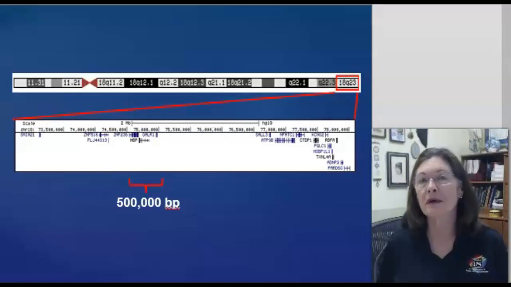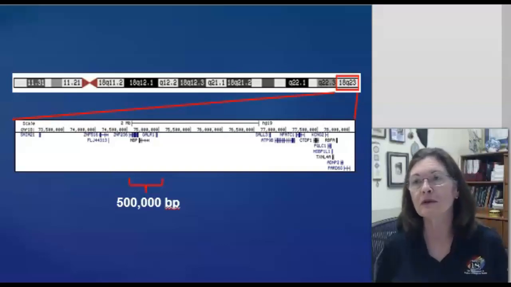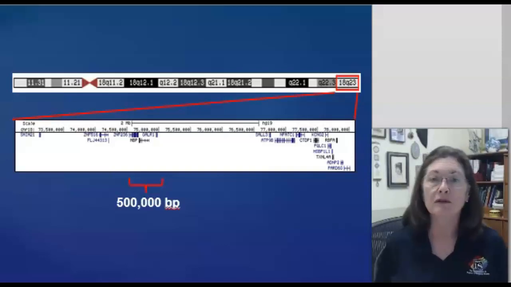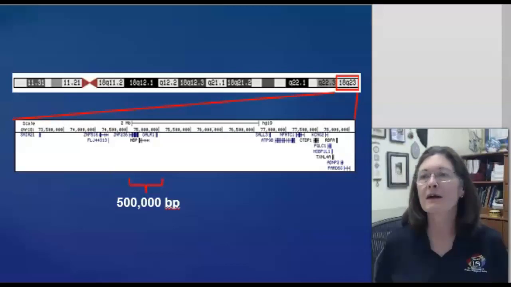It could be to the right a little bit and include no genes, or it could be at the end here and include 4 or 5 or 6 genes. So 500,000 base pairs may or may not include genes, and it doesn't really tell you how many genes might be included.